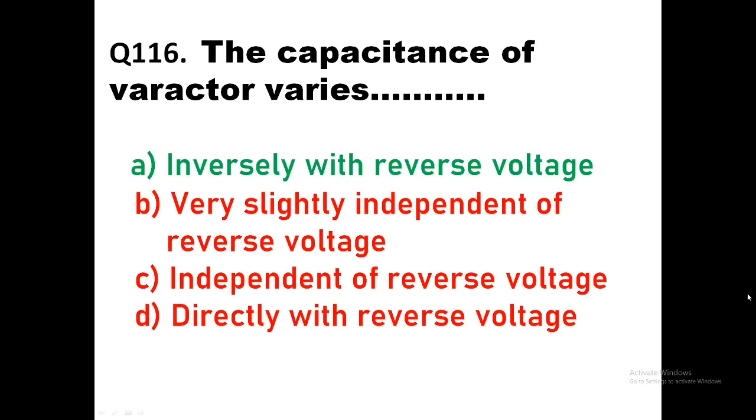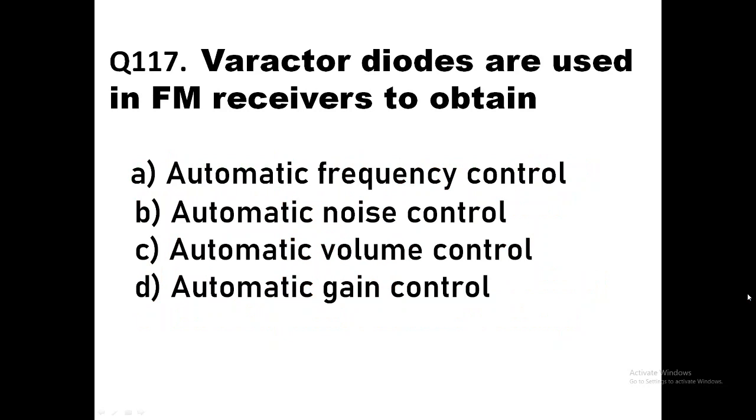The capacitance of a varactor diode varies inversely with reverse voltage. As the reverse voltage increases, the width of the depletion layer increases, and if the width increases, the capacitance decreases. So it has an inverse relation.